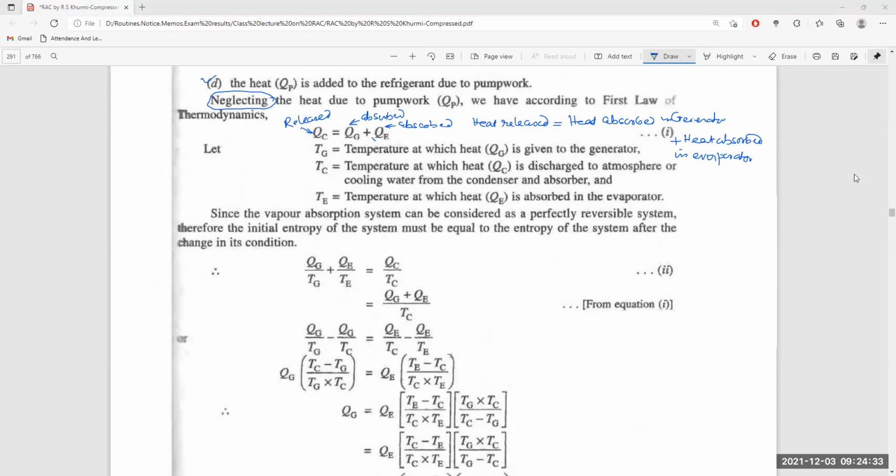Plus QG into (TC minus TG) divided by TG into TC, equal to QE into (TE minus TC) divided by TC into TE. So if you make such a simplification, QG over QE stays, this portion remains as it is, and the numerator goes there, the denominator becomes the numerator, and the denominator becomes the denominator. So it becomes like this.